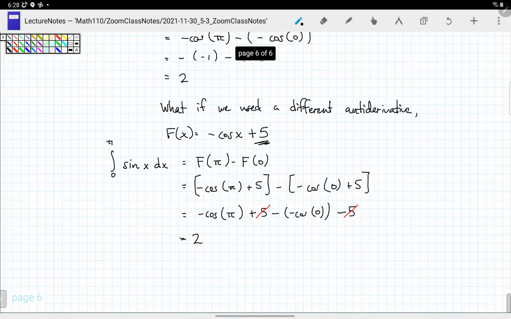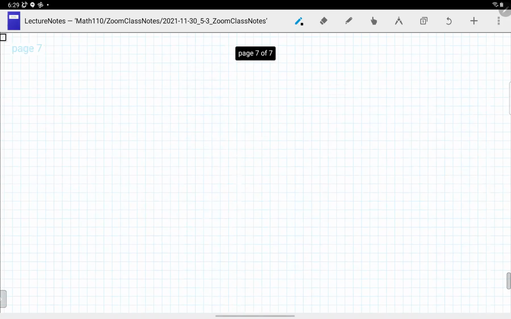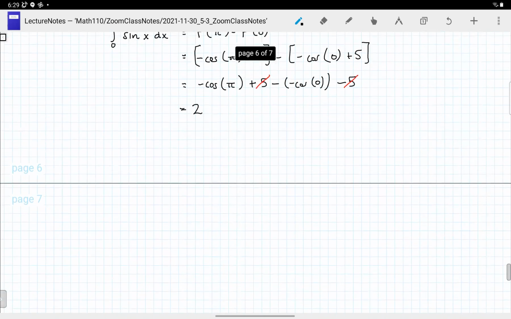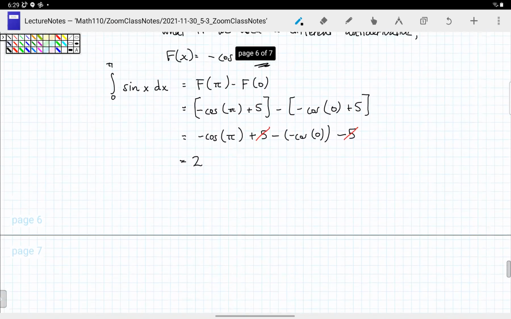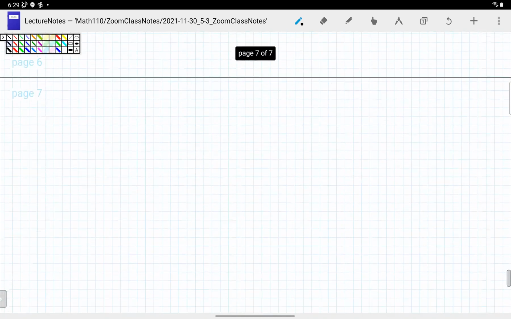So the way that we typically do this calculation, instead of saying let capital F of x equal this antiderivative, is the notation we use to name the antiderivative that we're going to use, negative cosine of x. And generally, we just name an antiderivative without a constant attached.